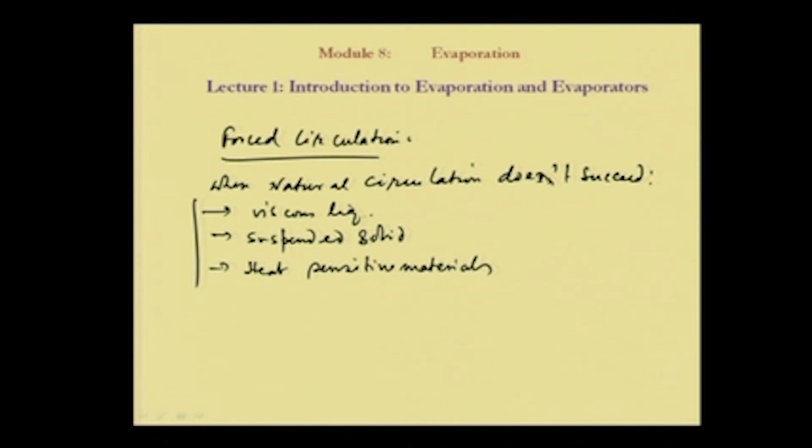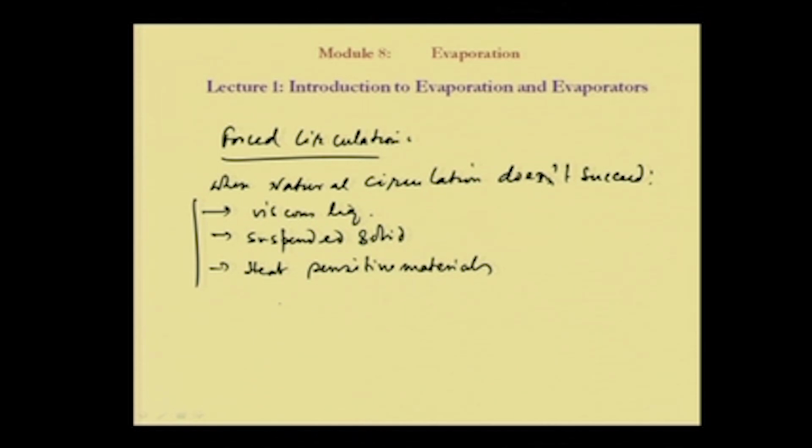For viscous liquid a high heat transfer coefficient can be obtained, and suspended solids can be kept suspended because of the high velocity, and for heat sensitive material, once velocity is high it will go through the evaporator once. For a smaller time it will pass through the evaporator, so exposure time will be less for the heat sensitive materials. Okay.